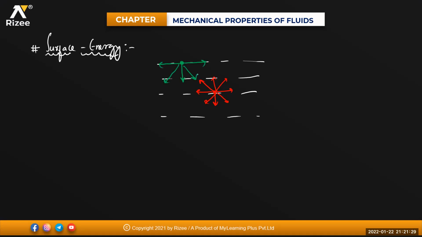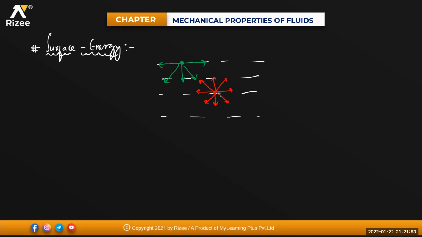So a molecule on the surface has a greater potential energy than a molecule which is inside the liquid, beta. So the one on the surface has more potential energy compared to the molecule totally inside the liquid. So the extra energy that the surface has is called the surface energy, beta.